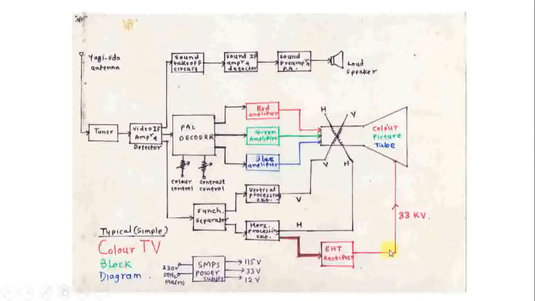Now I have recorded this and explained the black and white television receiver. Now we have recorded the color television receiver, a generalized block diagram also. Now directly we will go to the color television trainer kit which is available in our lab, and then we will see how to carry out this experiment.